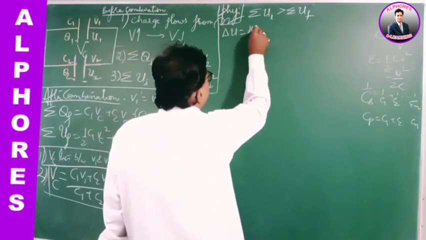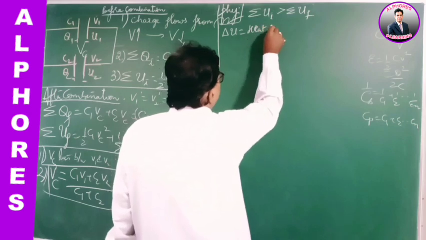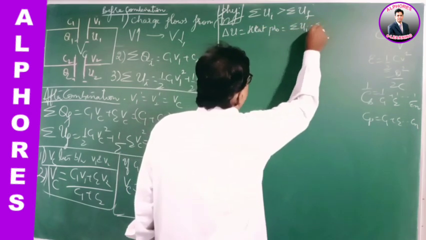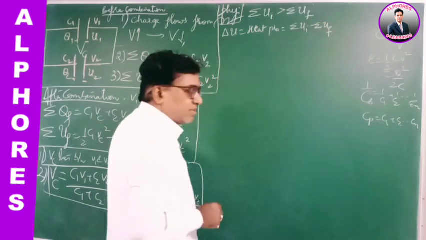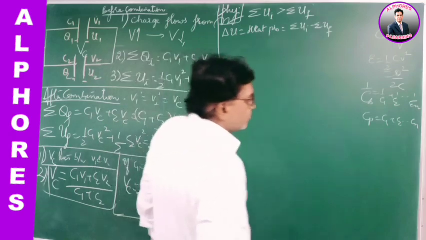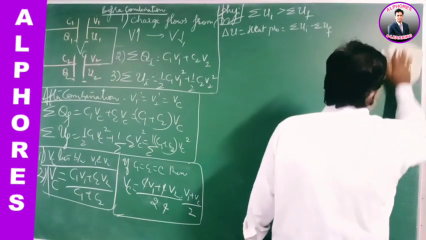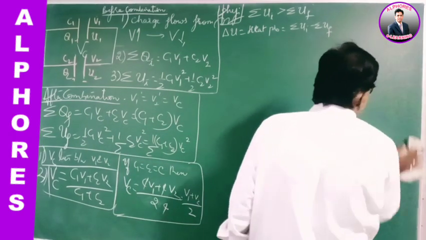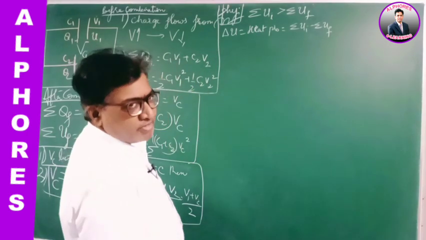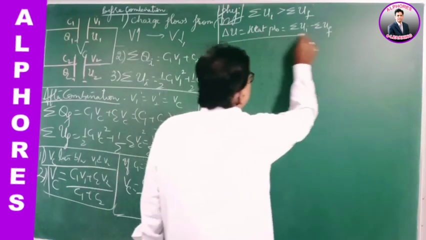This is the heat produced, sigma Ui minus sigma Uf. The energy lost is the difference in their energies, initial energy minus final energy, right? So total initial energy minus total final energy. Some of the energy will be lost there, right?